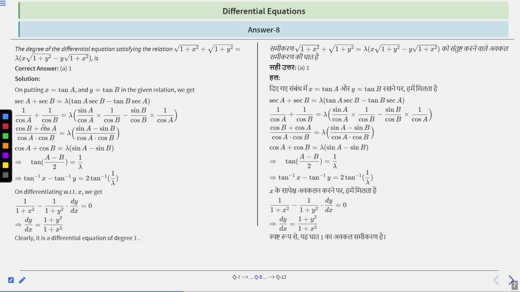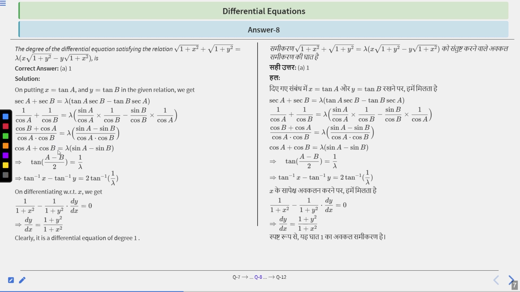Therefore, 1 by cos a plus 1 by cos b is equal to lambda times sin a upon cos a into 1 by cos b minus sin b upon cos b into 1 by cos a, right? Therefore, it will be cos b plus cos a upon cos a into cos b is equal to lambda times sin a minus sin b upon cos a into cos b, right?